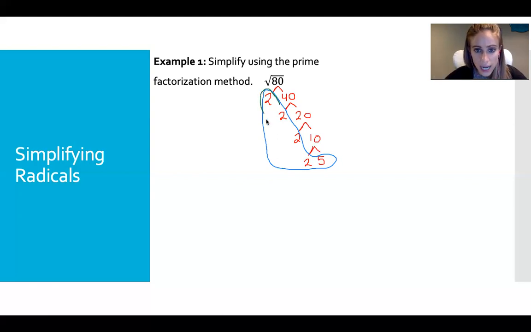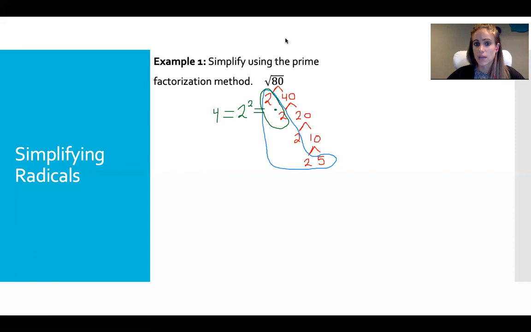So right here, I have a pair of 2's. Would you agree that I could rewrite 2 times 2 as 2 squared? And then what is 2 squared? Well, 2 squared is 4.